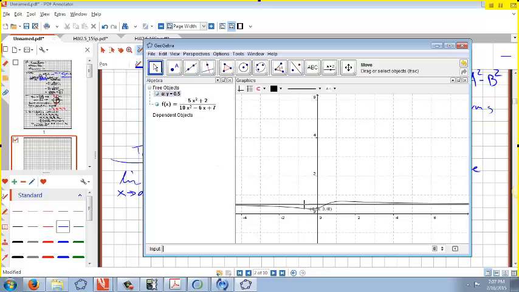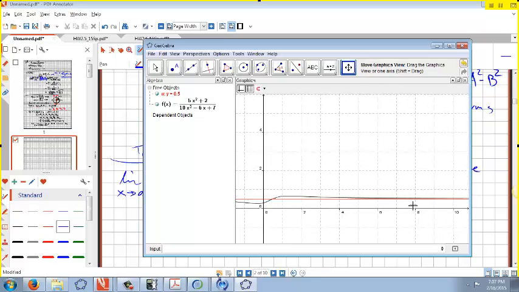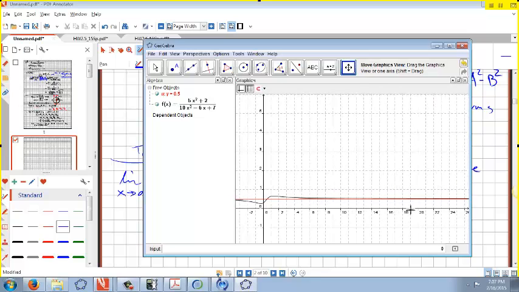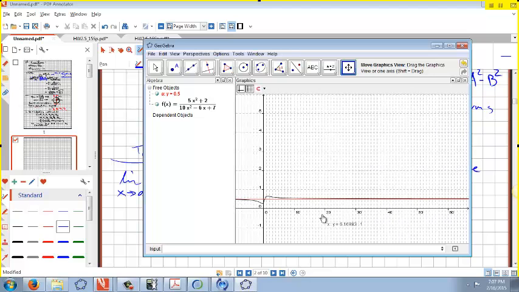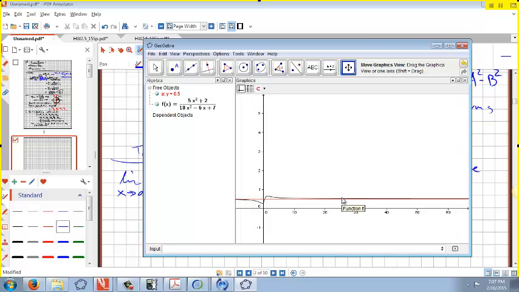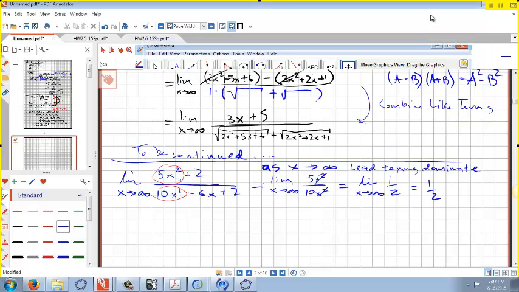I'll turn it red so we can see it. If we start to zoom in on this thing, we'll see that this function basically goes towards 1/2. So the horizontal asymptote of this function really is the line y equals 1/2.